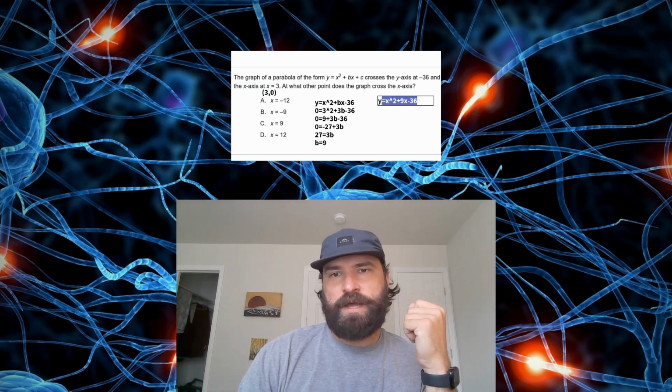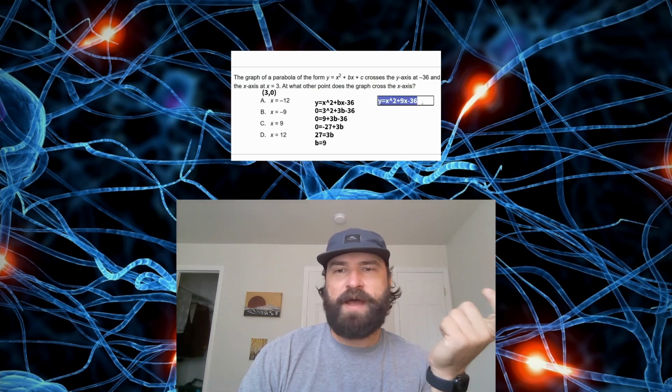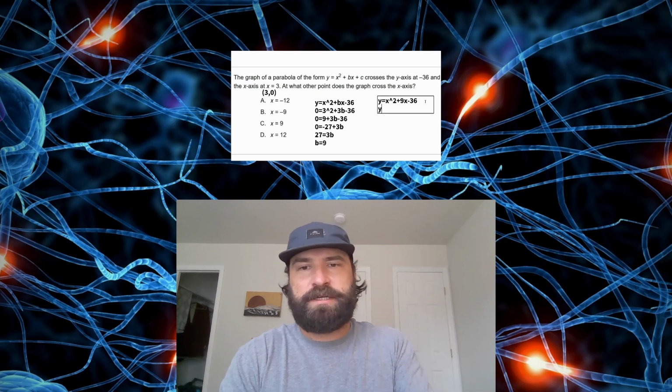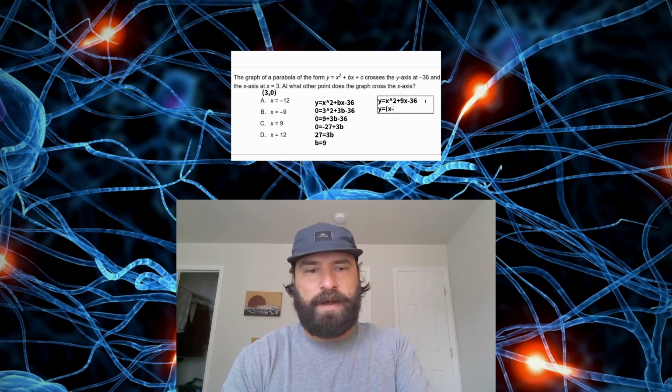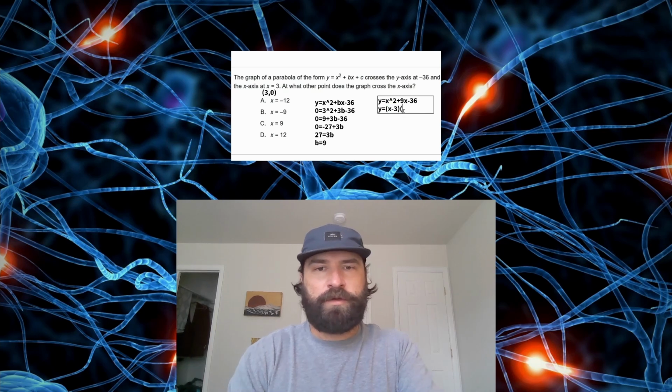So the easiest way to find the x-intercepts of a quadratic is to have it in factored form. And since we know one of our x-intercepts is 3, we actually know that one of our factors is x minus 3. This would be the factor that creates an x-intercept at 3, and then we're wondering what our other 0 is going to be. So it's going to be x minus whatever our other 0 is.